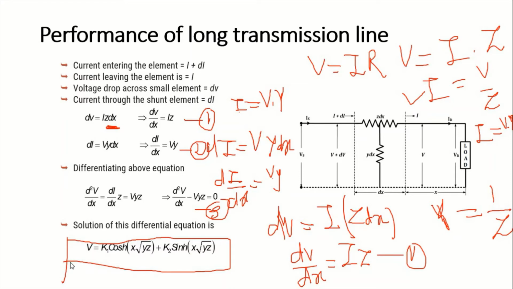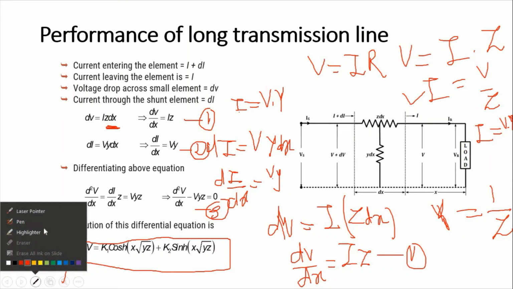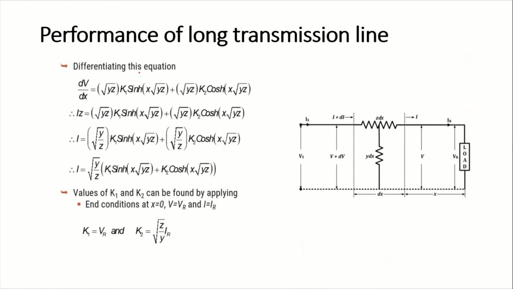Now differentiating this equation with respect to x, k1 is a constant, sinh becomes cosh and cosh becomes sinh, so we get dV by dx is equal to under root yz k1 sinh x under root yz plus under root yz k2 cosh x under root yz. Now we know that dV by dx is equal to Iz from equation number 1, so put in the value: dV by dx is equal to Iz, and the right side is the same.